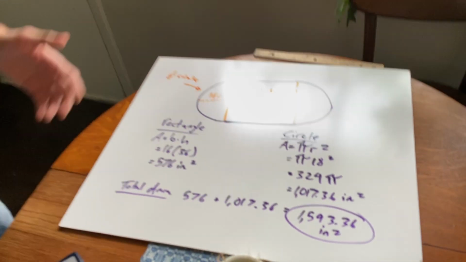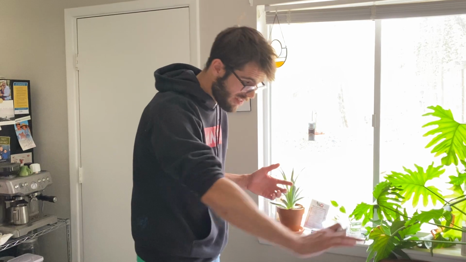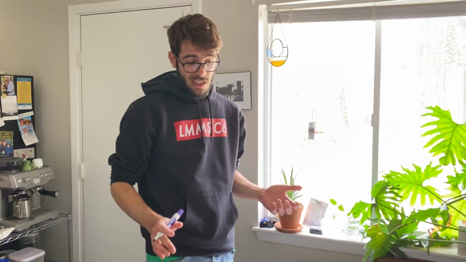All right, so I have the area of this figure, which is awesome. I could use that area to find how much paint I need to cover it all. I could use that area to find out how much fabric for a tablecloth, all kinds of cool uses.